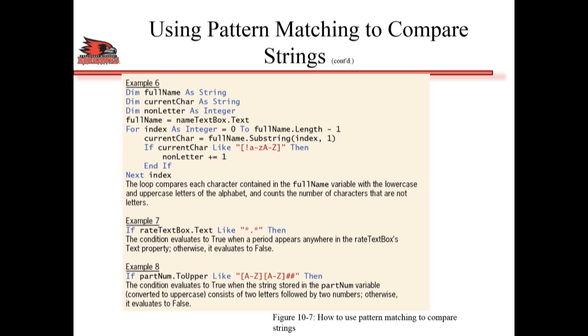So if you have something like AB12 or XY42, then it's fine. If it's not in that format, it will return false. So we saw a bunch of examples of how we can use this pattern matching to do a lot of cool things with strings for our purposes.